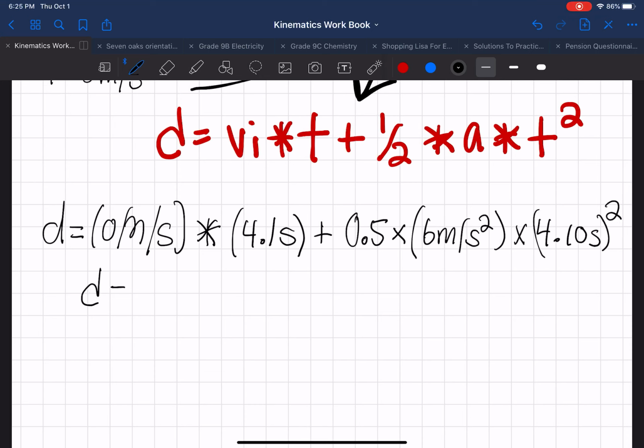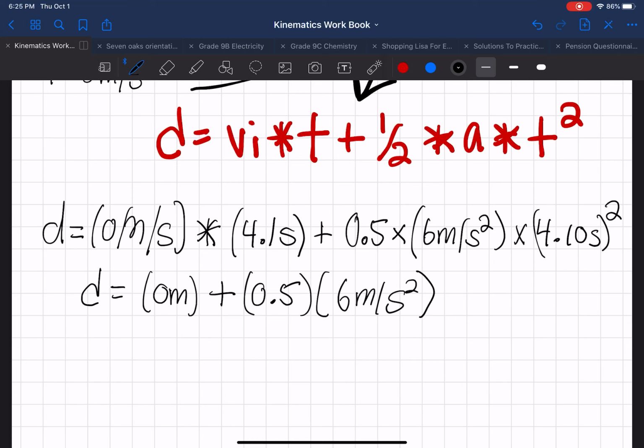Now d equals 0 meters, plus 0.5 times 6 meters per second squared, times 16.81 seconds squared. So we have applied the square to the 4.1 here, and multiplied these two values together, and that's how we got 0 meters here.